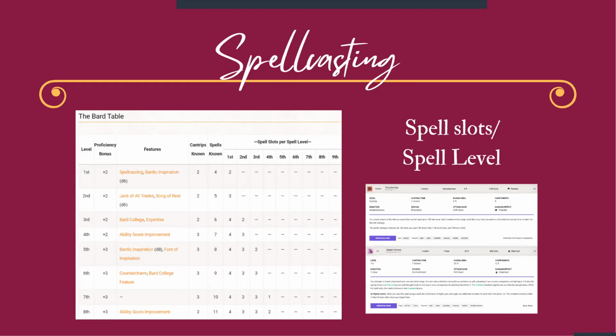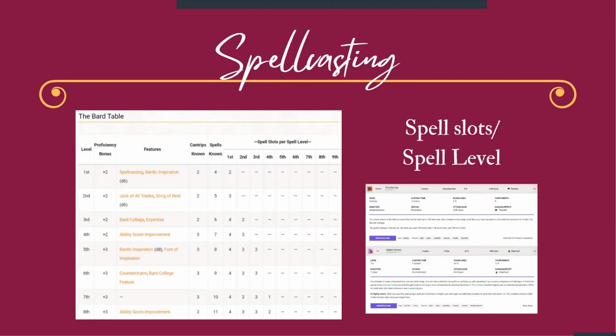Your spells increase as levels go on, so the spells that you know increase, so you can know more spells. You also have different spell levels, 1st level to 9th level, which have varying power as the number increases. You also get different spell slots as those numbers increase.